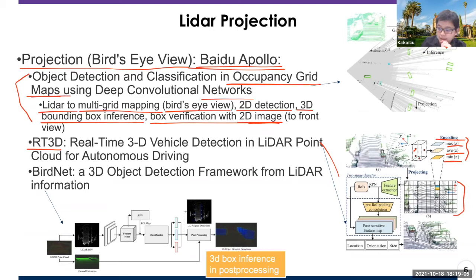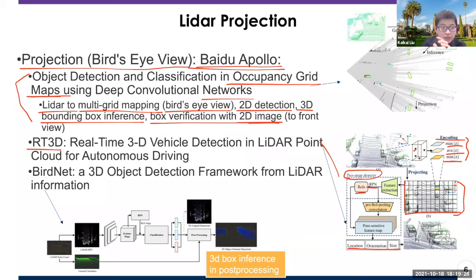Now they actually have this kind of bird's eye view 2D image. Based on this 2D image, they can utilize a Fast R-CNN type of 2-stage detector: feature extraction, region proposal network, get some ROIs. Then from the feature map, you can get the location, orientation, and the size of the object.